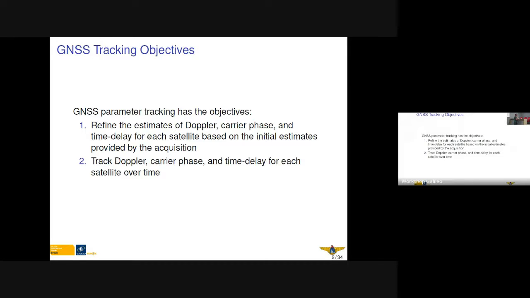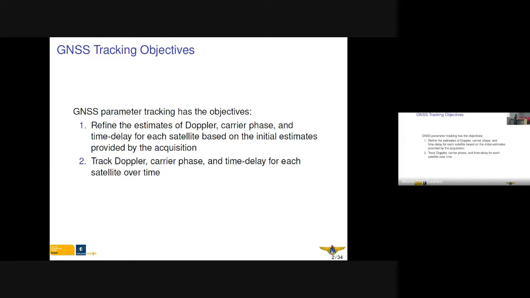We had a sample resolution in time delay and the Doppler resolution defined by these bins, and these bins are not really tight usually, or close together. So we have like 100 hertz, 200 hertz bins, sometimes larger for the acquisition.